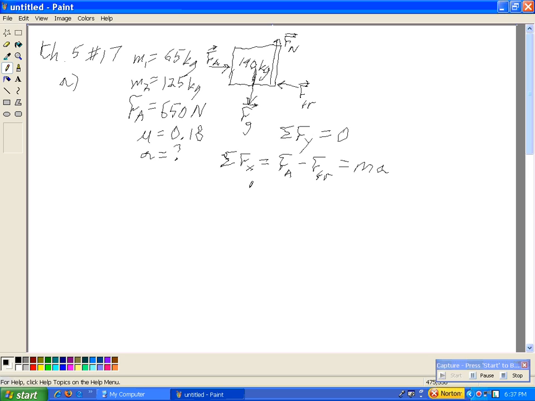The applied force minus the force of friction, which is mu k m g, where this is kinetic. Let's make sure that that's in there. And that equals mass times acceleration.